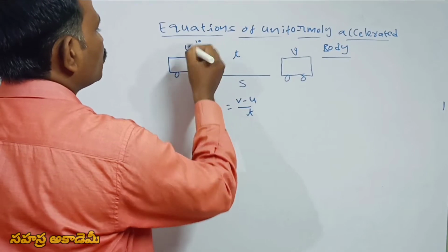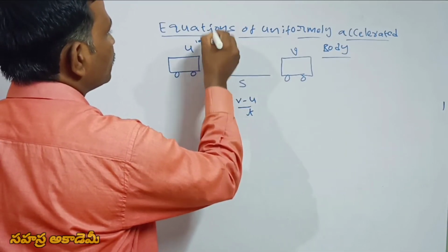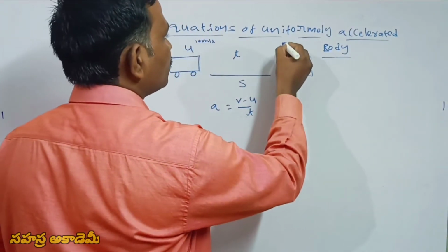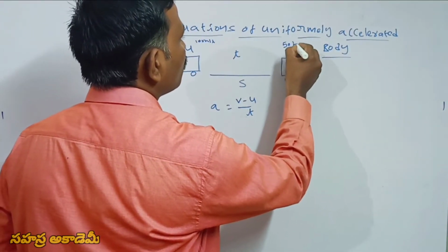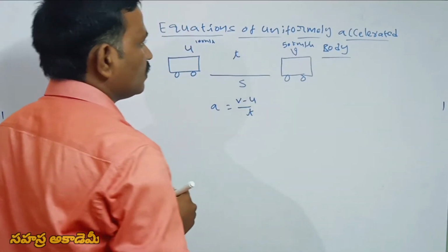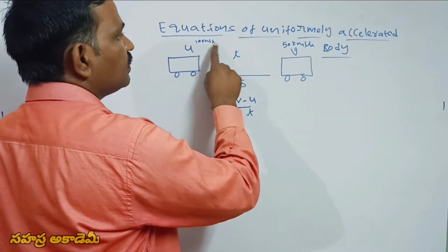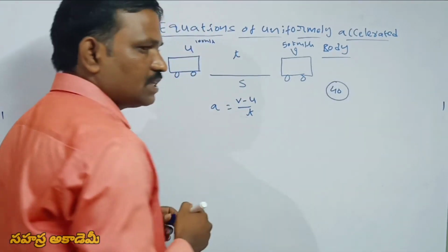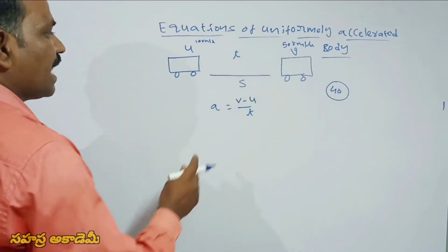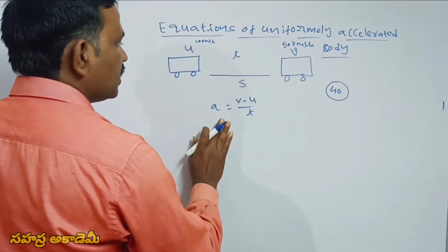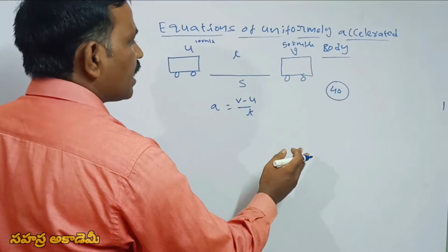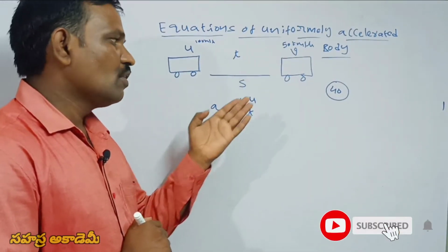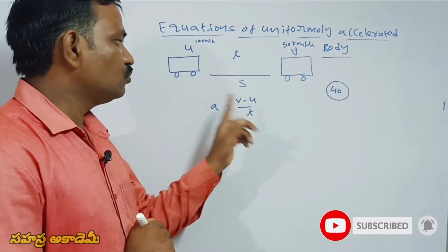Initially my bike starts at 10 km per hour. Then if I move onto the main road, my velocity will be 50 km per hour. Here the change in velocity is 50 minus 10, that is 40. Acceleration is the same way: change in velocity per unit time is called acceleration.